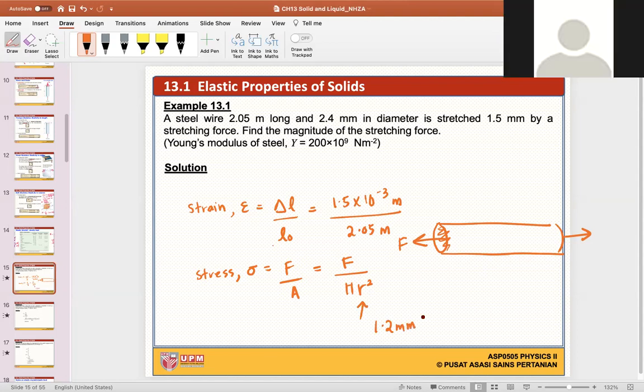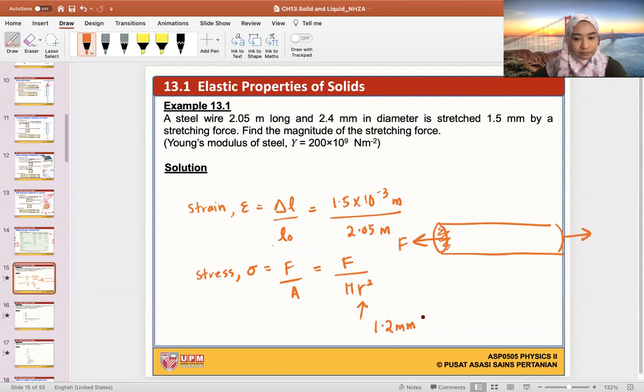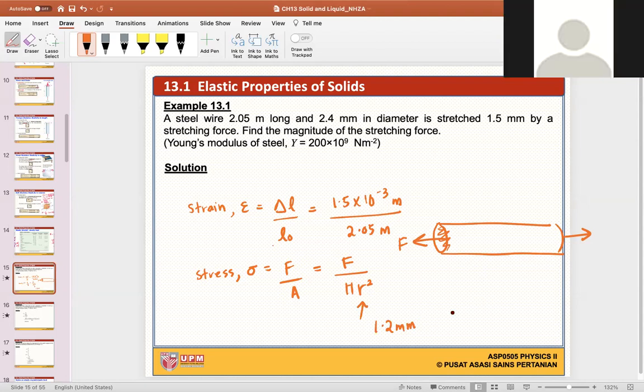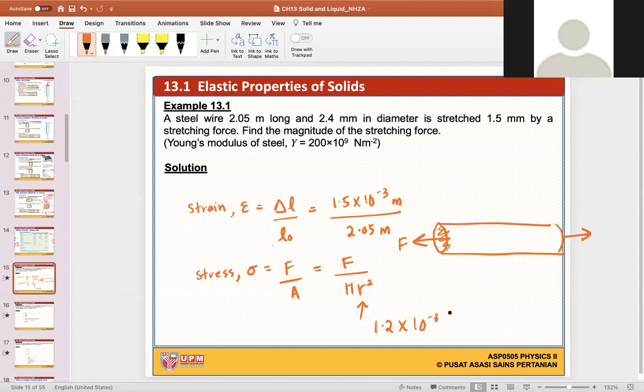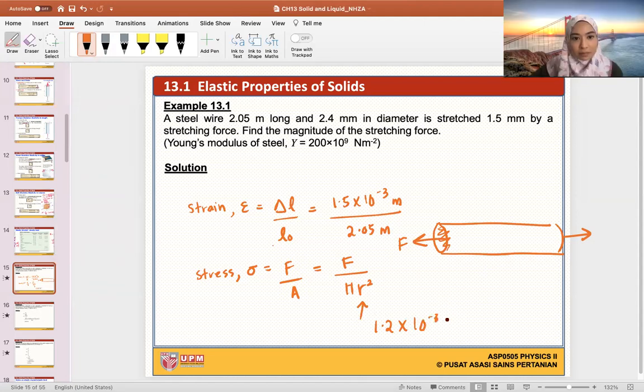Tak payah convert to SI unit. It should be 1.2 times 10 to the power of negative 3 meter, right? Doc? Ya, betul. Okay, Danish, we need to buckle up sikit lah. Okay. 1.2 times 10 to the minus 3 meter. So that is your radius.